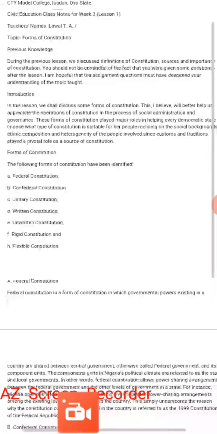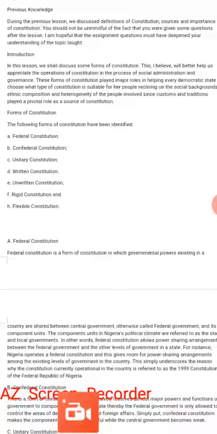I want to believe that the assignment questions I gave you have further deepened your understanding of the lesson, and as such, I am waiting for your reactions to the questions given.